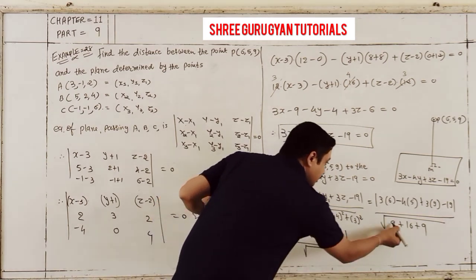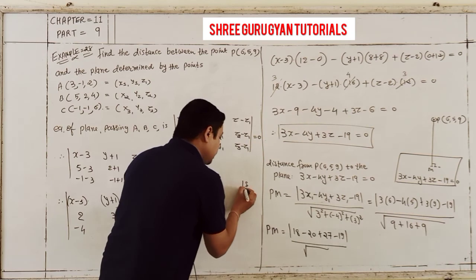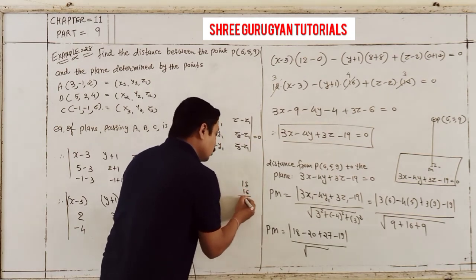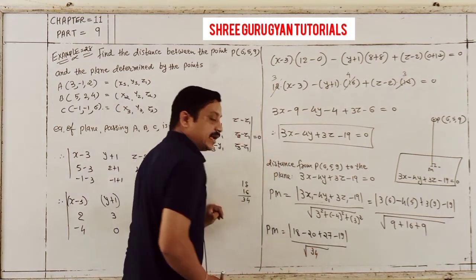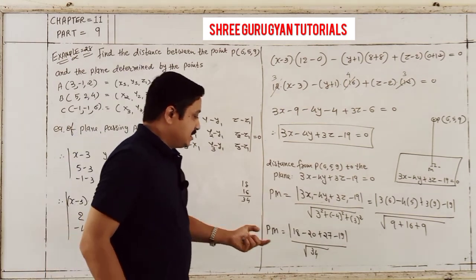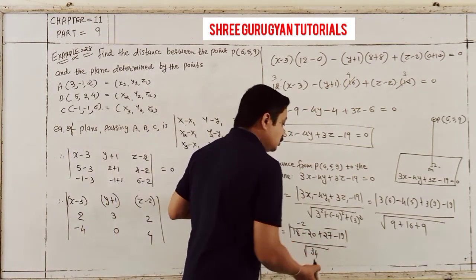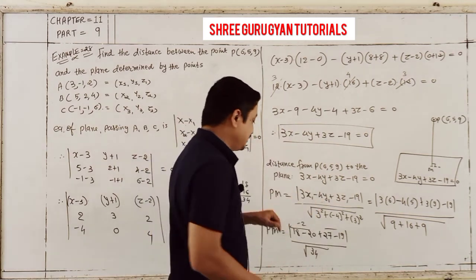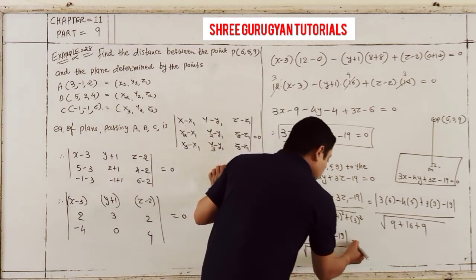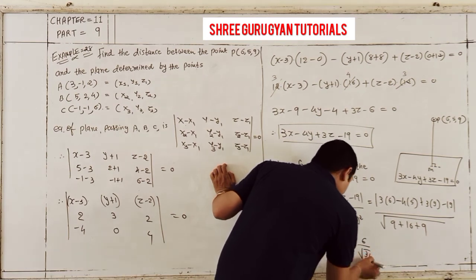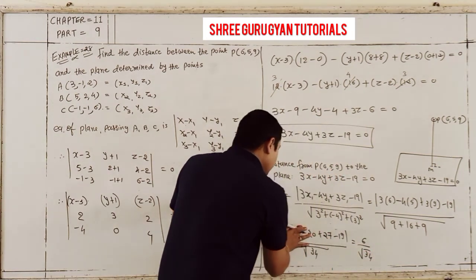Divided by: that will be 9 and 9 is 18, 18 and 16 is 34, students. The upper side is very simple: 18 minus 20 is minus 2, plus 27 is 7, minus 19 is minus 12. The absolute value gives 12, so it is 6 by root 34. Now, students, you will convert to the final answer.